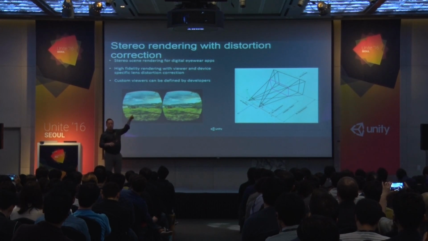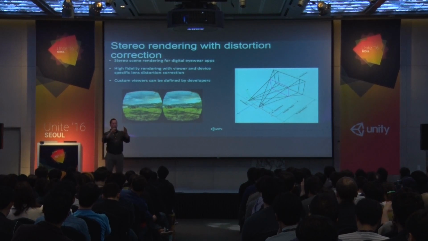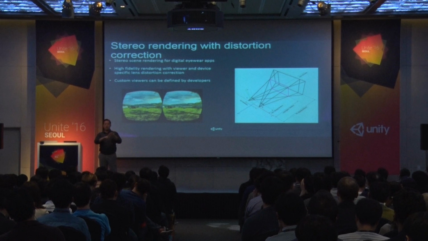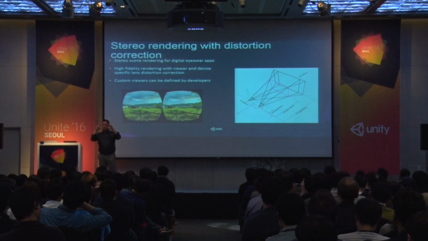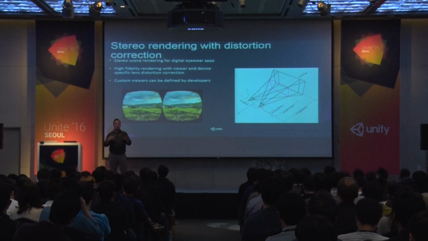That's what we are doing. We have a shader in Unity that corrects for each configuration of lens and viewer. It's customized based on the dimensions and configuration of the viewer that you're using, and also for the known radial distortion and intrinsic lens parameters of the lenses. So it's very accurate as far as providing a correction.